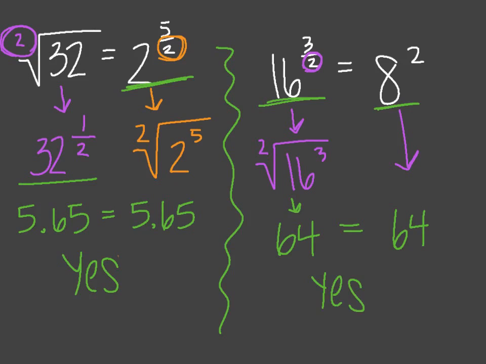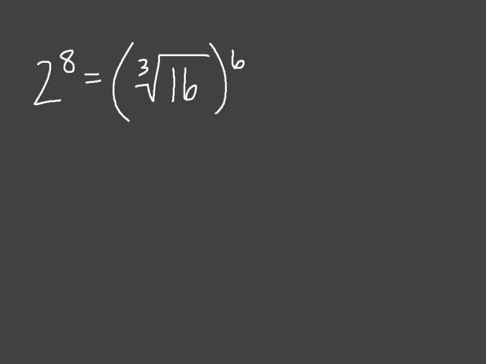Let's look just at one more example before you practice these on your own. Again, most important thing that you need to show me is that you know how to switch formats. On this first side, 2 to the power 8, because this exponent is not a fraction, I cannot change it. So I'm just going to bring this 2 to the power 8 down. On the other side, however, I need to break down these parentheses.